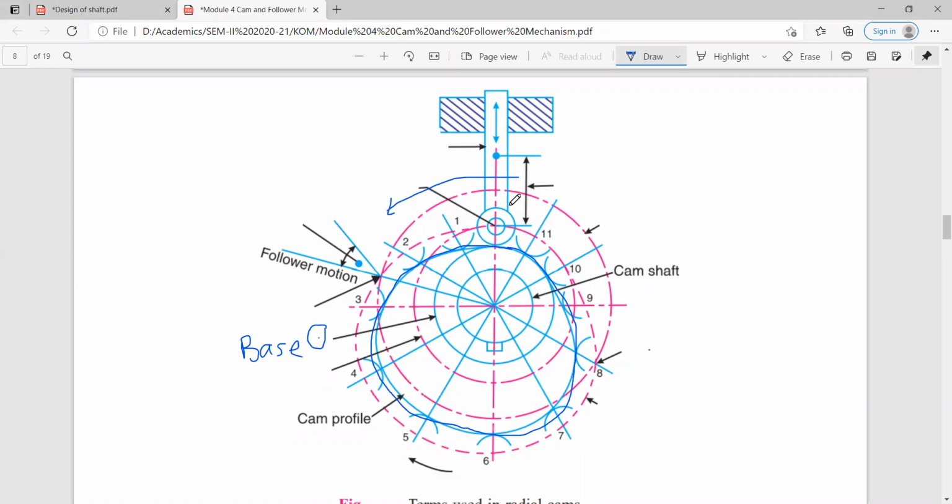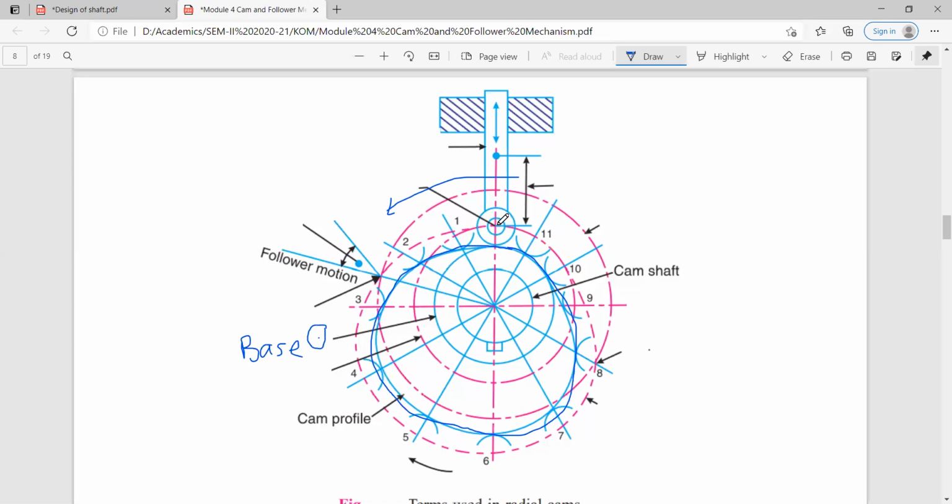When you rotate this follower on the cam surface like this, there will be a point on the follower which traces the same shape, a curve similar to your cam profile.